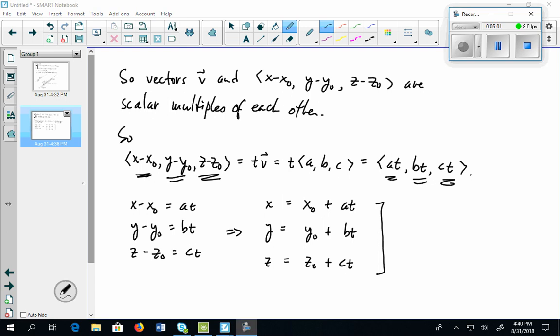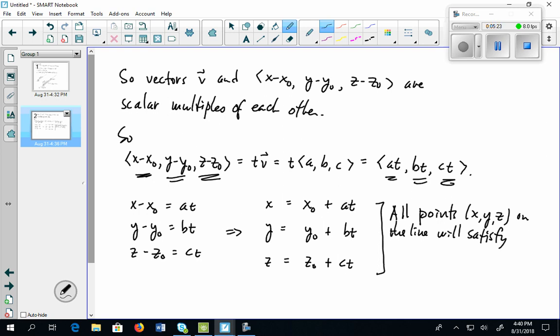And let's even state this: all points x, y, z on the line will satisfy the set of parametric equations.